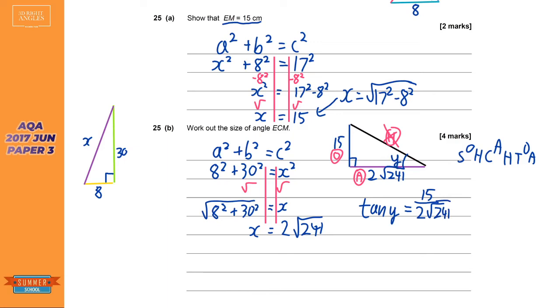Then get our lines in because we need to inverse tan both sides. And again, I'm just going to do all the working out first because I've still got that 2 root 241 on my calculator, and so I can just use the answer button on the calculator and just make sure I keep that precision.